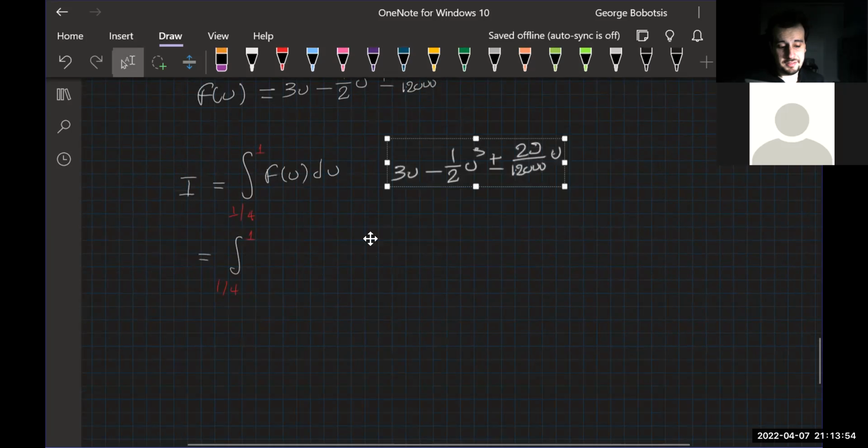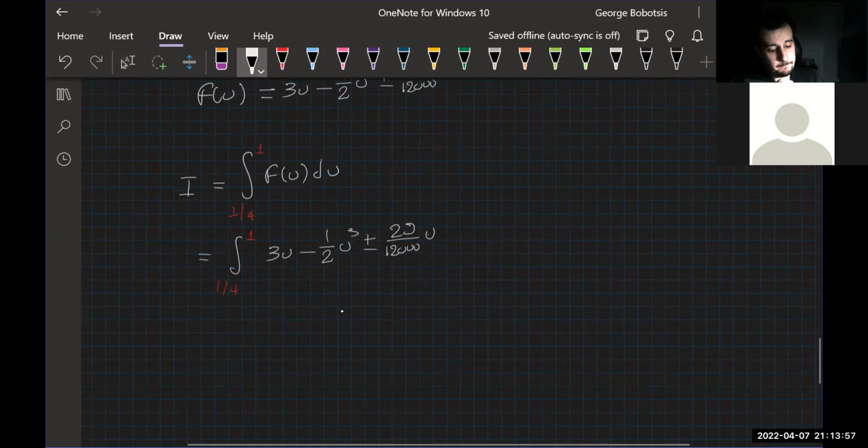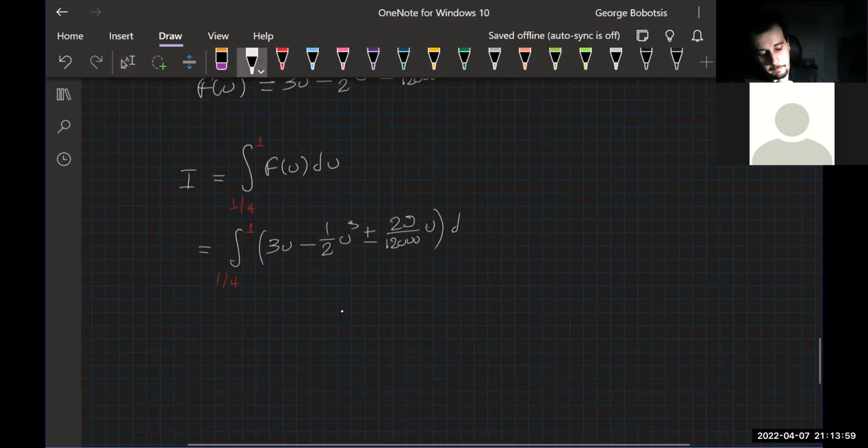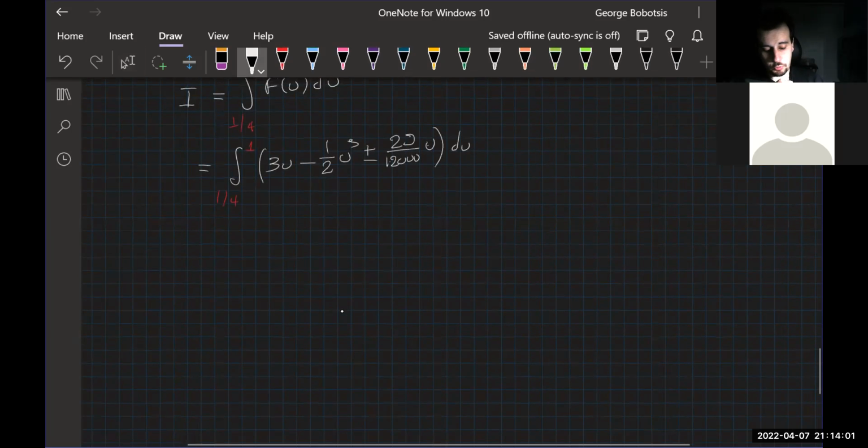So we're bringing in this. Now we're going to go back to the x world, so we have from negative 1/2 to positive 1. U is x squared, I want you to remember.